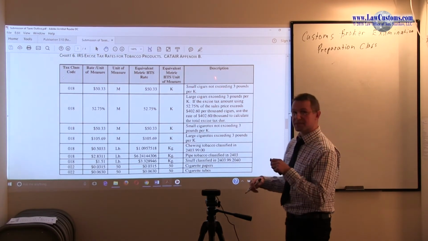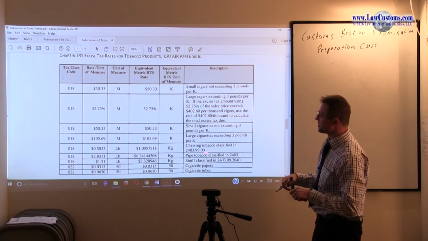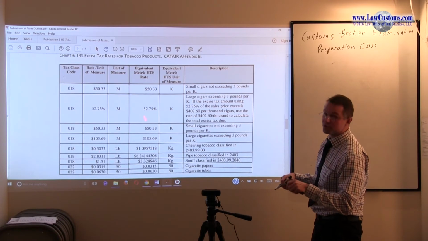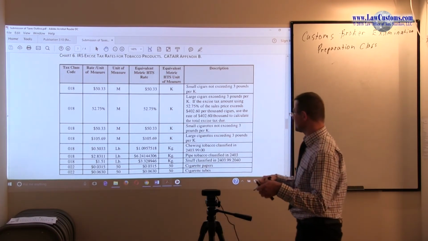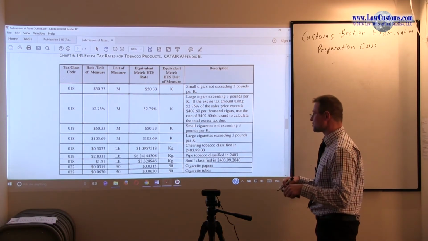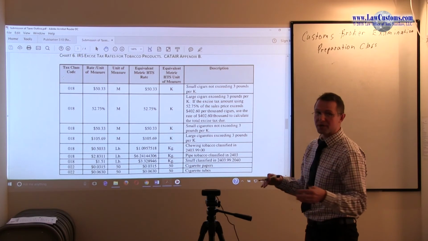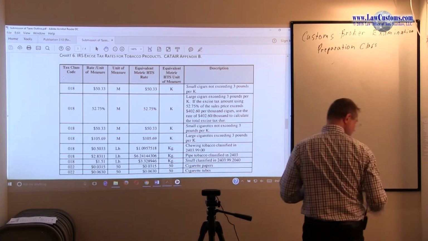And what customs has done in that question is try to make sure it fits the description. Notice there is no HTS code here, right? It may be helpful in a different way, which we shall see in a bit. There is some provision for HTS code over here, but again, usually go off the description.